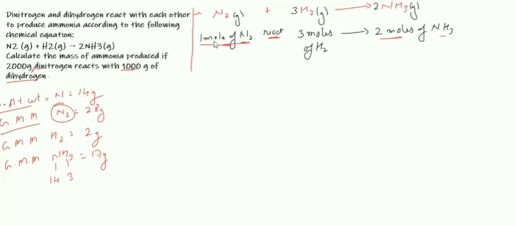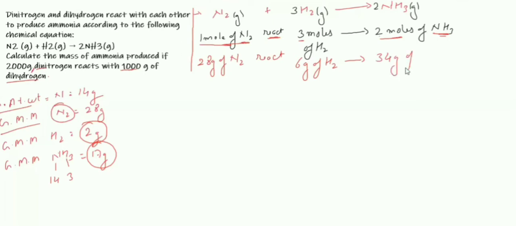Instead of 1 mole, we write 28 grams of N2 reacting with 1 mole of hydrogen weighing 2 grams. We have 3 moles, so we write 6 grams of hydrogen to give us 1 mole of NH3, which weighs 17 grams. We have 2 moles, so the total weight will be 34 grams of NH3.